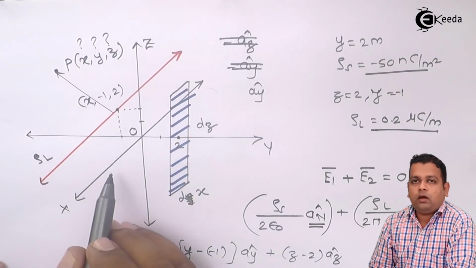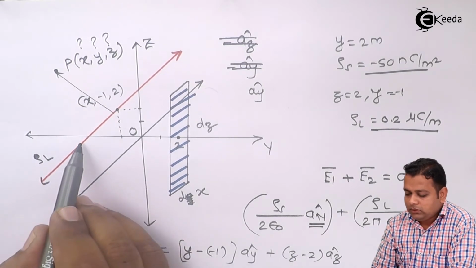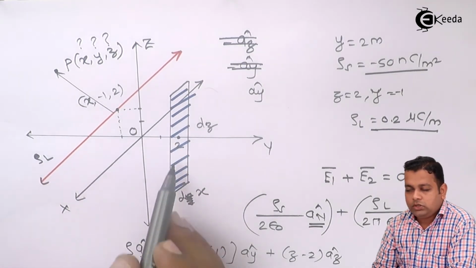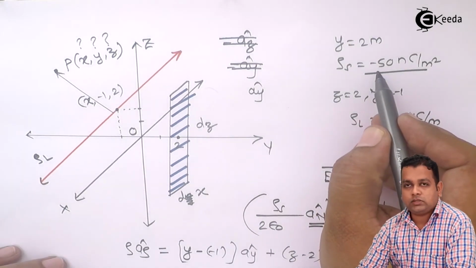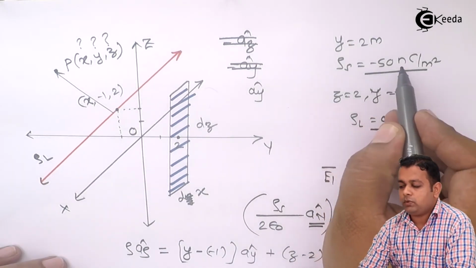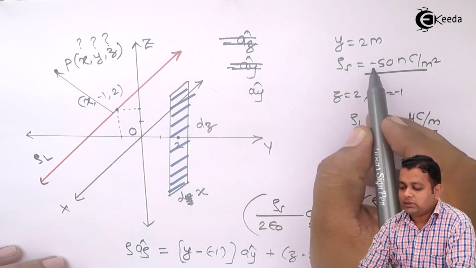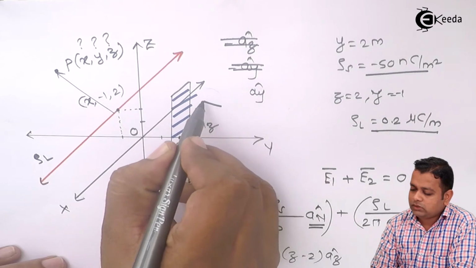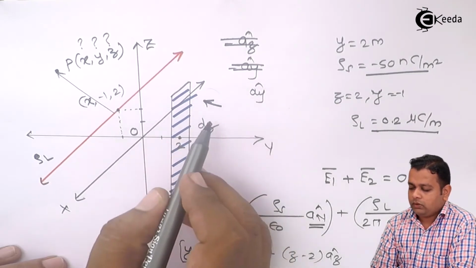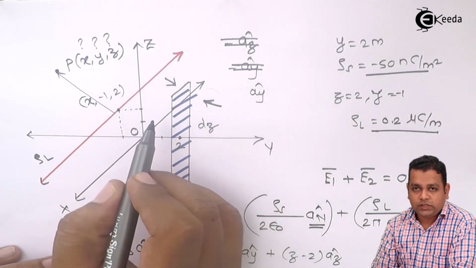Now, there is a region between this line and this sheet of charge. The sheet of charge has a surface charge density of minus 50 nanocoulomb per meter square. As it is negative, the electric field intensity will be towards the charge from both sides.